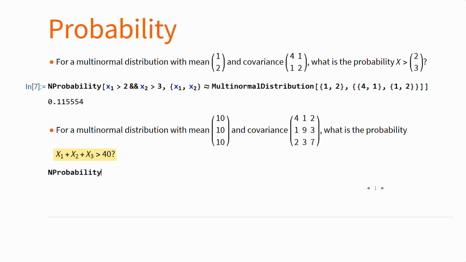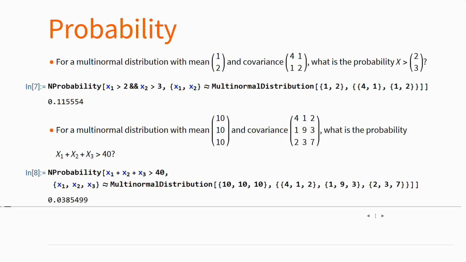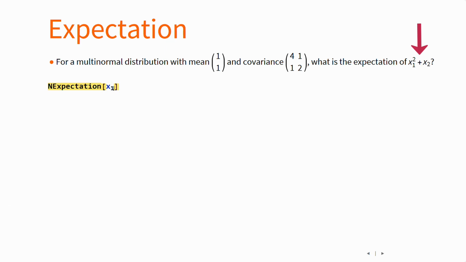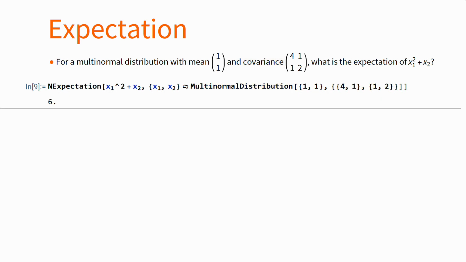Then the probability that the sum of x1, x2, and x3 is greater than 40 within the multinormal of mean {10, 10, 10} and this covariance results in about 4%. Then what's the expectation of x1 to the power 2 plus x2 with the multinormal of mean {1, 1} and the covariance {{1, 1}, {1, 2}}? That's 6.